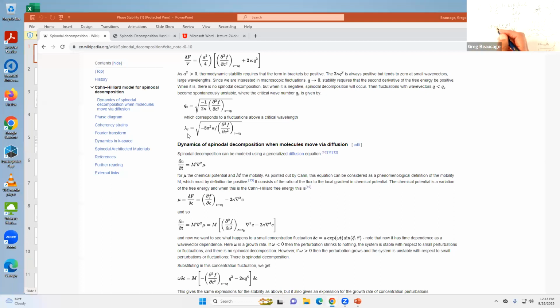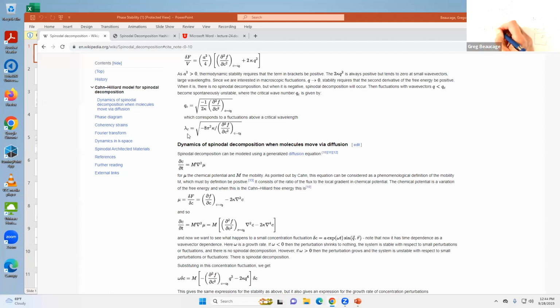So then he just does a Taylor series expansion of this F of B thing. So he says F of B at concentration C is a Taylor series expansion around C0.